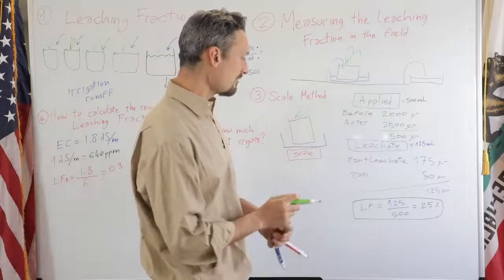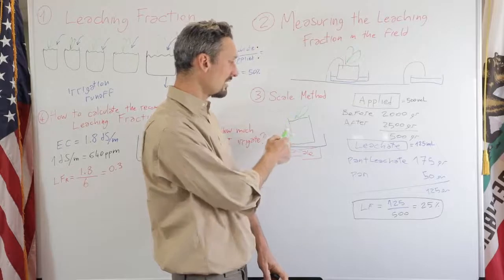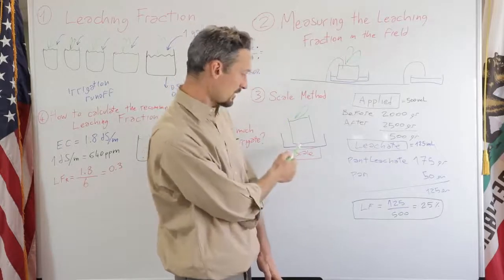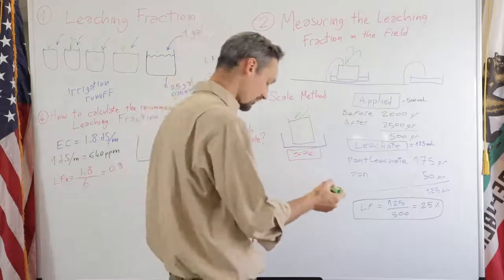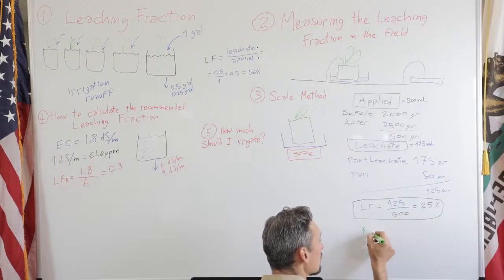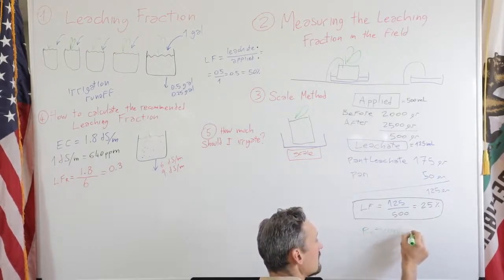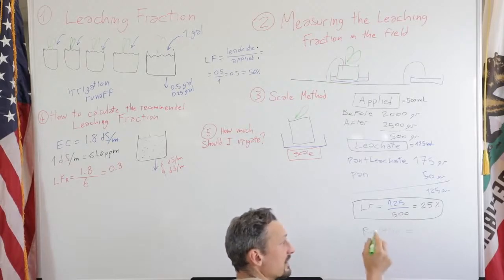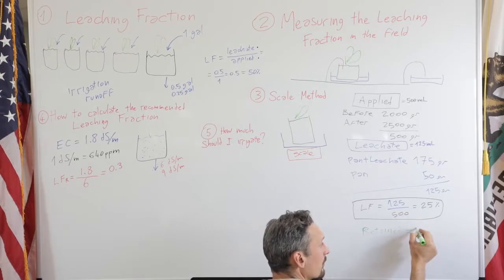So if 500 milliliters were applied to this container and 125 leached out, it means that the quantity of water retained in the substrate in the container was the difference between the two. So 375 milliliters.